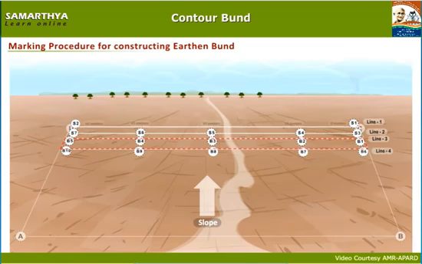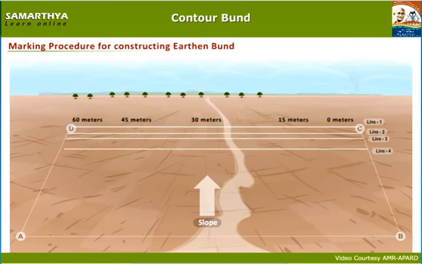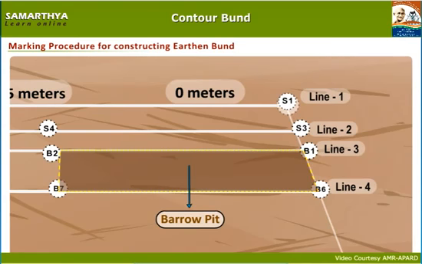Now let us know how a borrow pit is dug. A borrow pit is dug for the soil required for the bund. As shown on the screen, the place between line 3 and line 4 is a borrow pit.